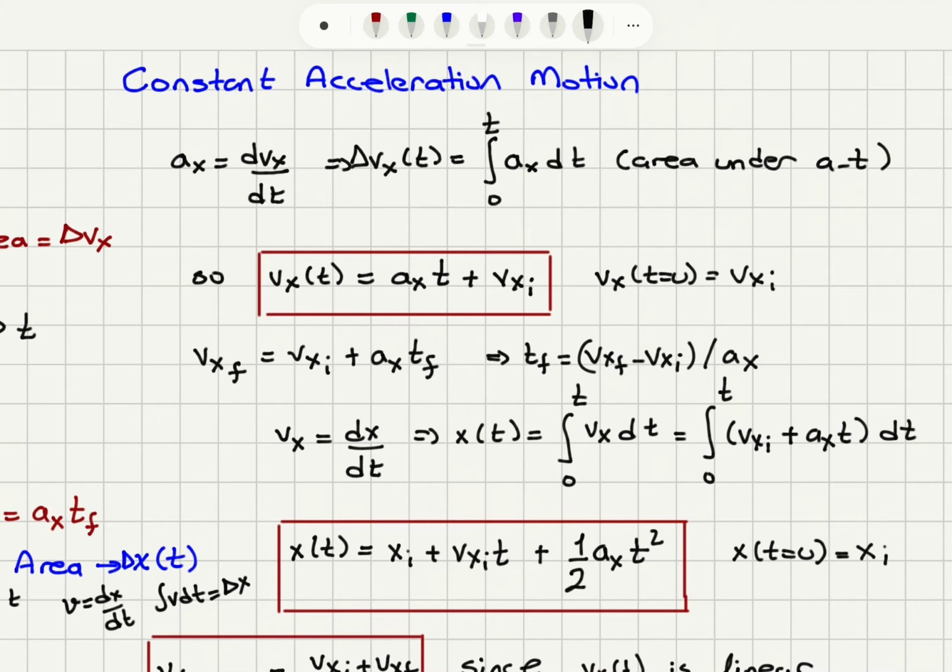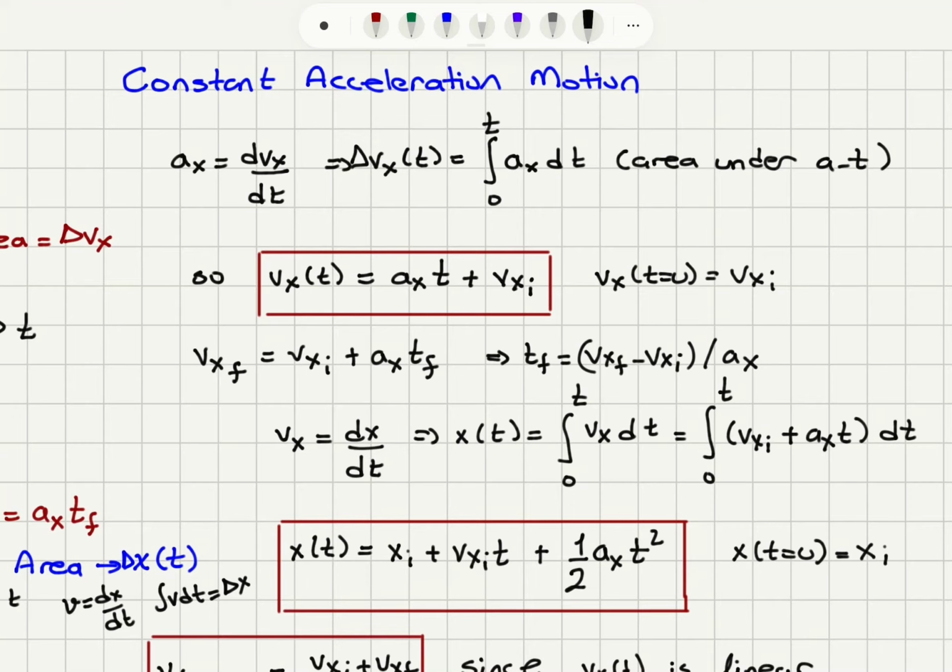Now, because delta Vx is Vx of t minus Vx initial, and the area under the acceleration time curve is a times t, ax times t, we see that Vx at any time t is ax times t plus Vx initial. At t equal to 0, we have the value Vx initial. Vx final is Vx initial plus Ax t final, and therefore you can see that t final is Vx final minus Vx initial over Ax.